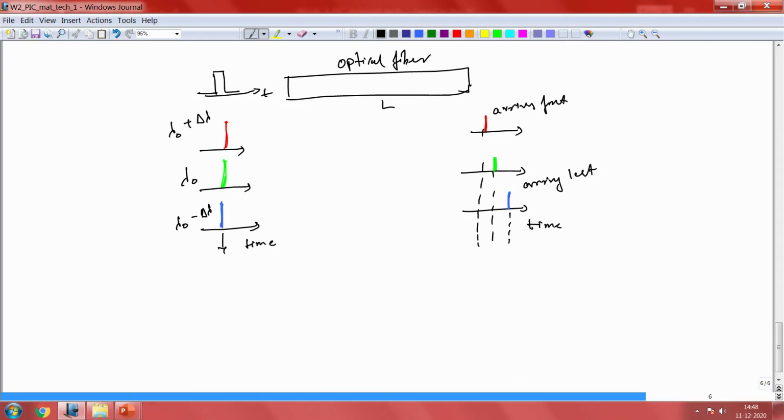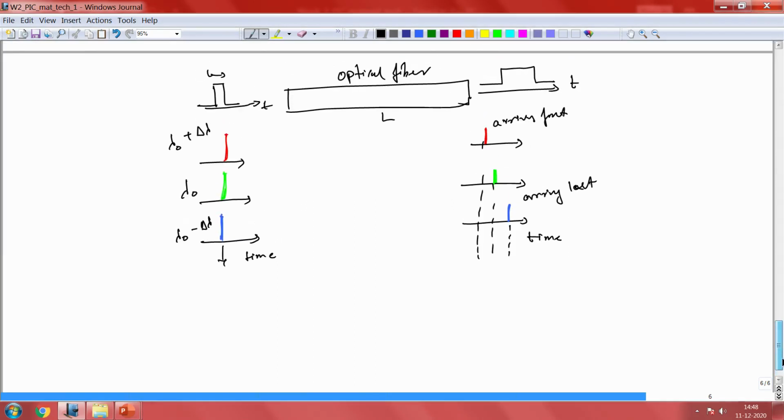So the pulses are coming at different points of time from different wavelengths, and as a result you will have a broadened pulse. So when you have this difference in time of arrival of different wavelengths, you will have a change in the pulse width that you send.